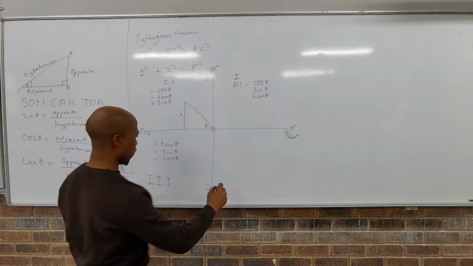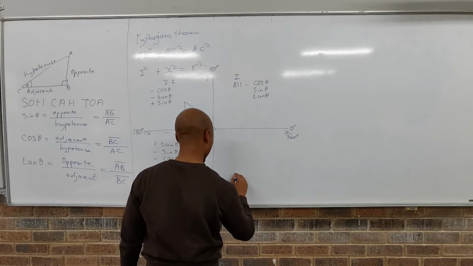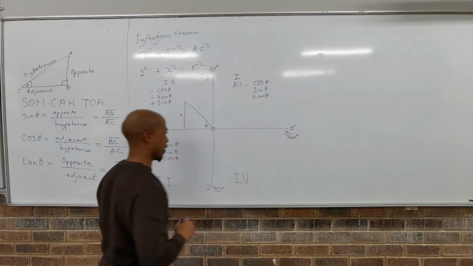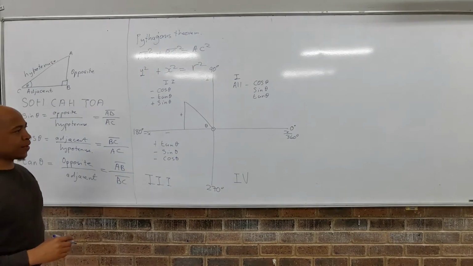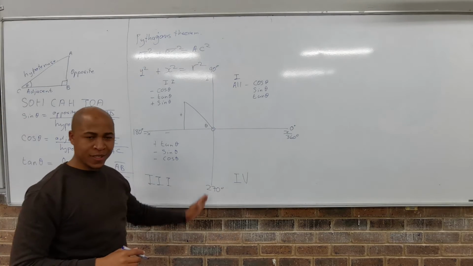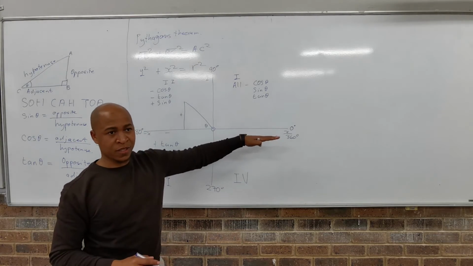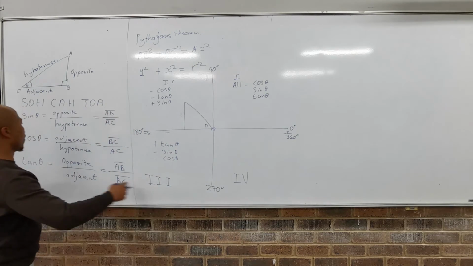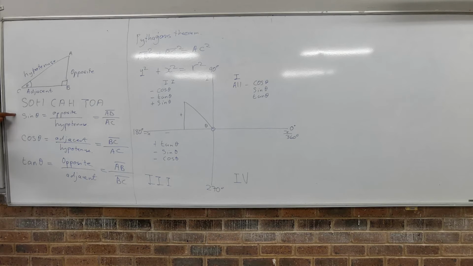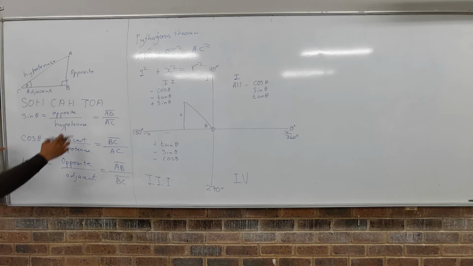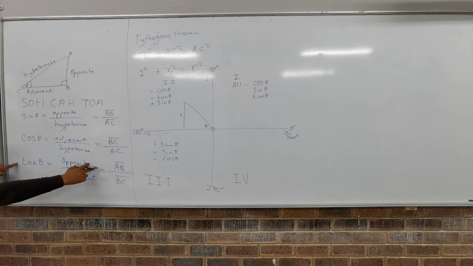Okay, now we move on to the fourth quadrant. In the fourth quadrant, we have the opposite side being negative and then the adjacent side being positive. What does that tell you? The opposite side will affect sine because it's opposite. It will also affect tan because it has what?